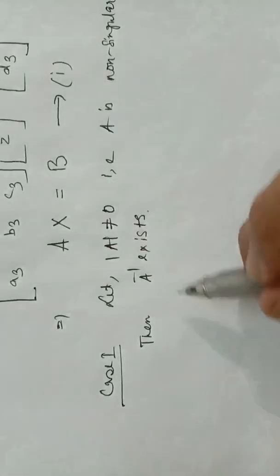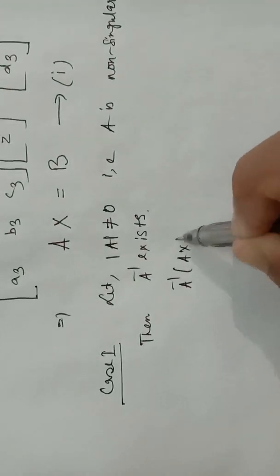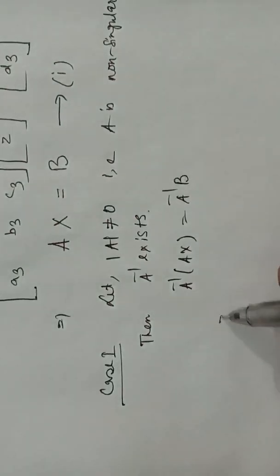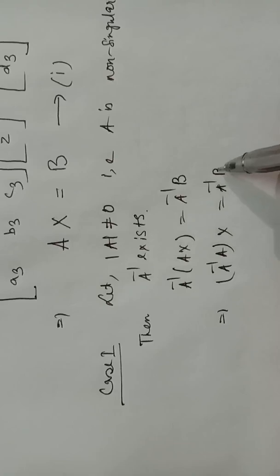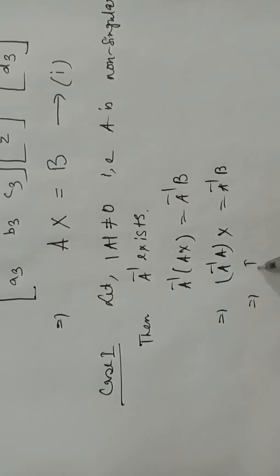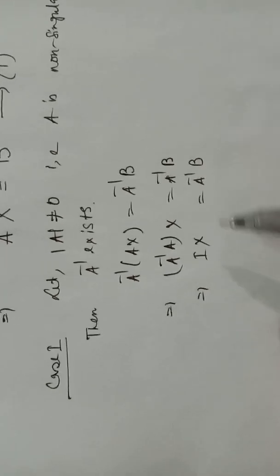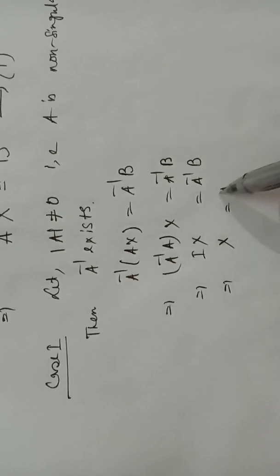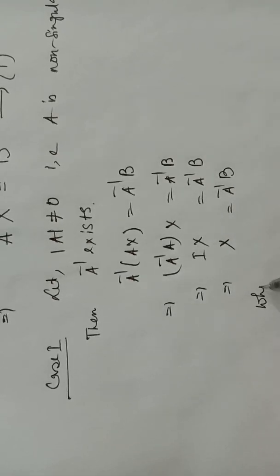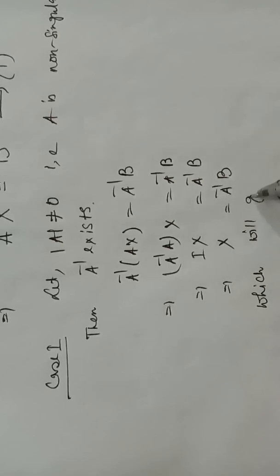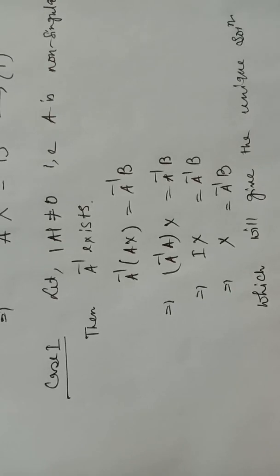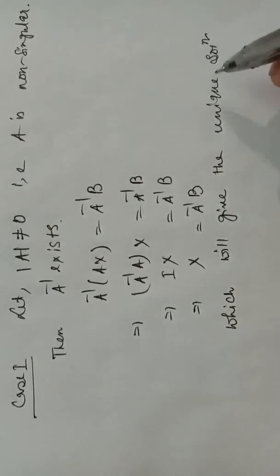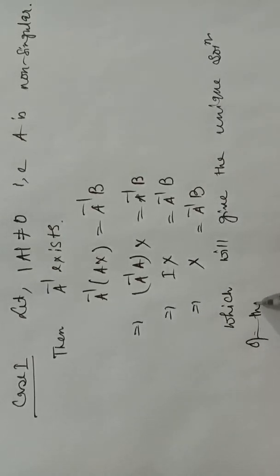Multiplying both sides of 1 by A inverse, we get A inverse into AX equal to A inverse into B. By the associative property of matrix multiplication, A inverse into A is equal to I, the identity matrix, so I into X. Identity matrix into X is equal to X, which will give the unique solution of the given equations.